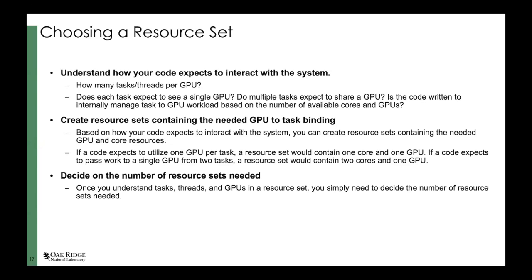From there, you can decide how many resource sets you can place on a node, keeping in mind what a node looks like. And once you know how many per node, you can take a step back and say, okay, now I need my LSF request to allocate this many nodes. So you start with the code and then back out into the number of resources that you need.